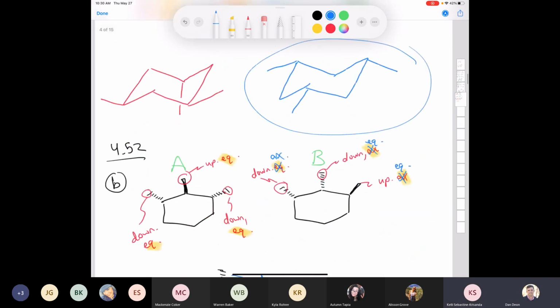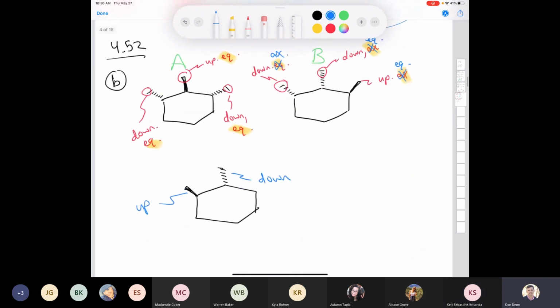Or if everything was pointing down, right? Let's say we had six wedges. If you draw all of these pointing up, so all six of these methyl groups are pointing up, but they alternate.